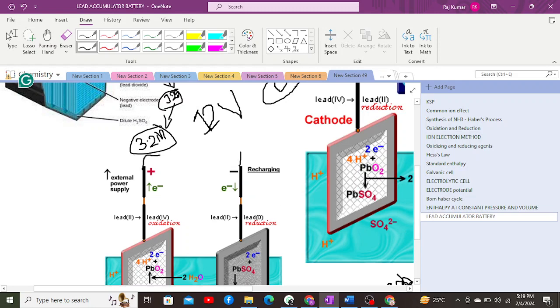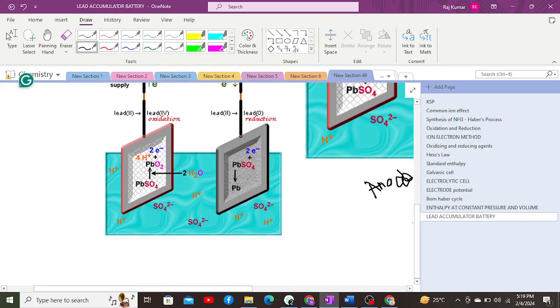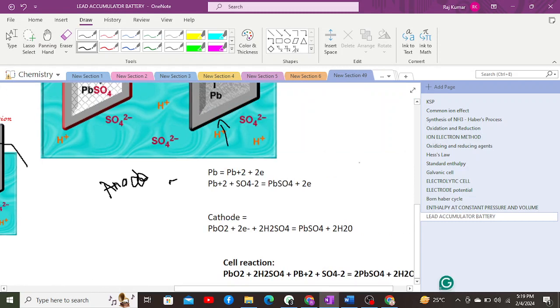When both of these are connected, the reverse reaction takes place, such that at the cathode there is oxidation and at the anode there is reduction. The reaction would be all the same, only the difference would be in the reverse reaction. Instead of formation of lead sulfate, there will be decomposition of lead sulfate on both sides.